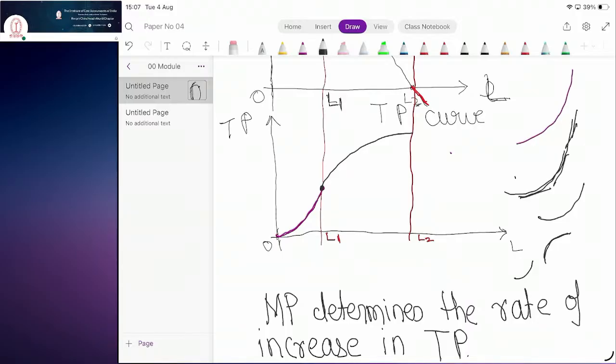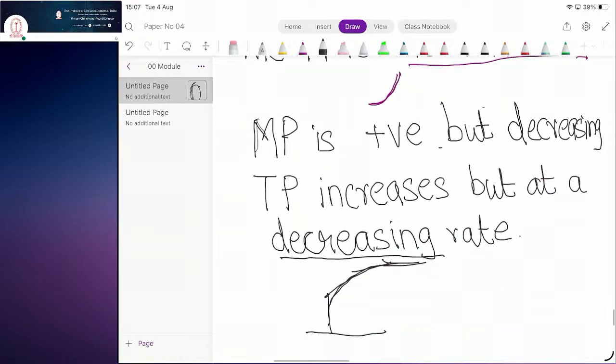Any problem? Okay. So this curvature, shift in curvature, mathematically you call this point a point of inflection. L1 is a point of inflection. Curvature has moved from convex to concave.